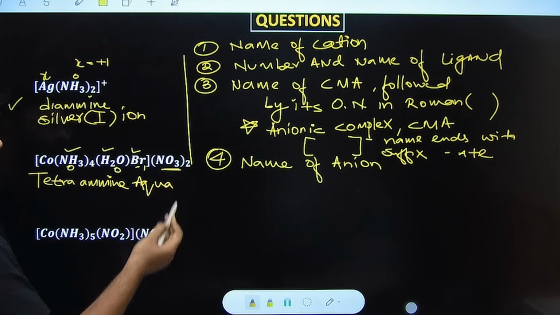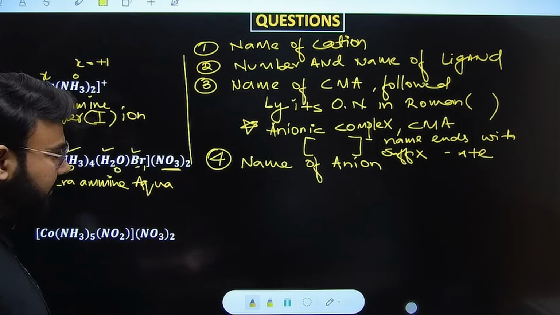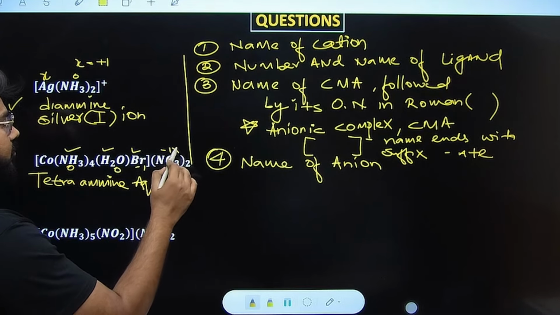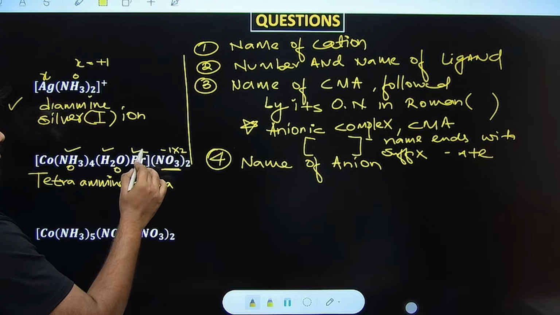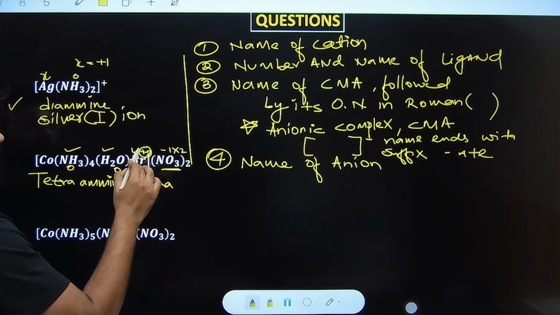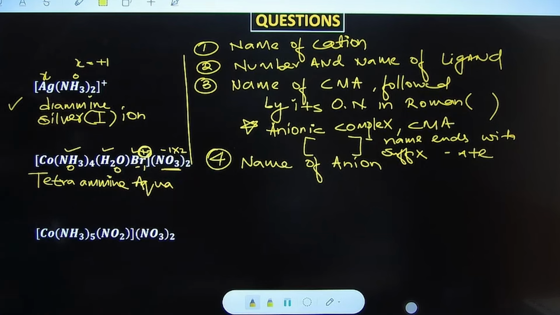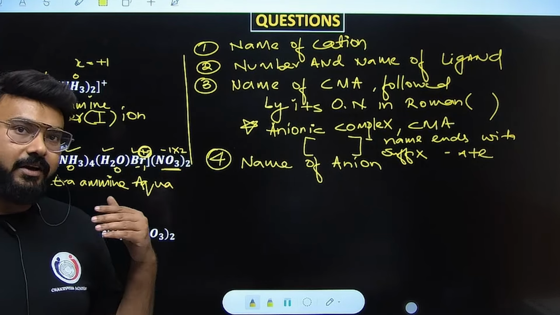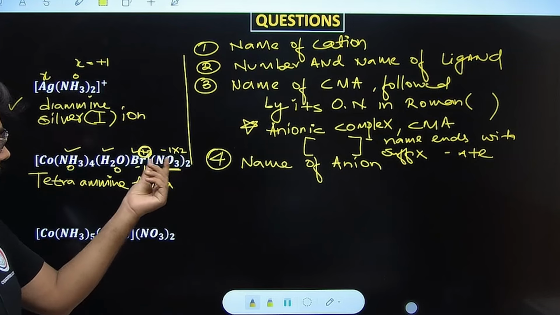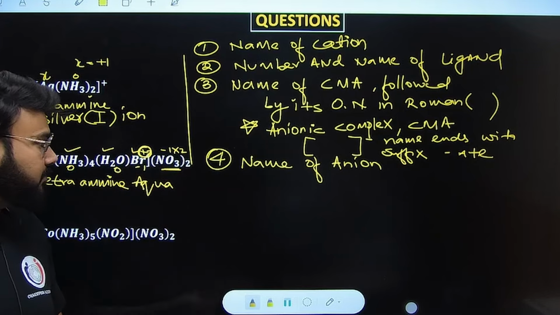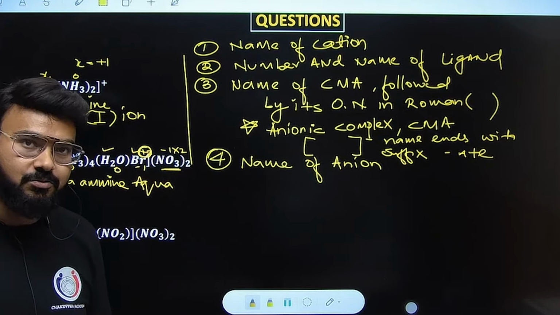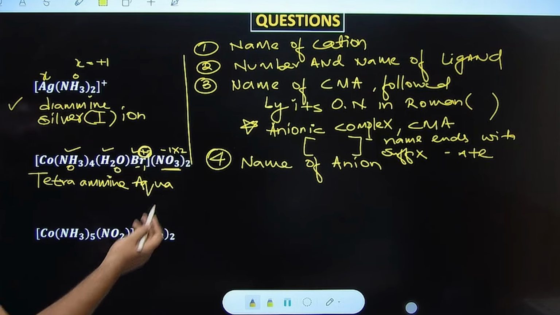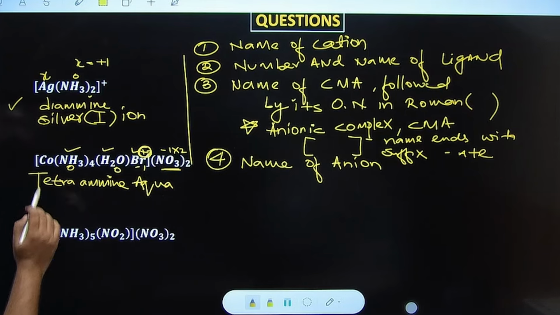And because nitrate has a -1 charge, what is -1 into 2? That is +2. The equal and opposite charge you will put on the coordination sphere. Whatever the counter ion, whatever the anion or cation is there, equal and opposite charge will be put on the sphere. That will be the charge of the sphere. So sphere charge is +2, which will help you in calculating the oxidation number of the central metal atom.